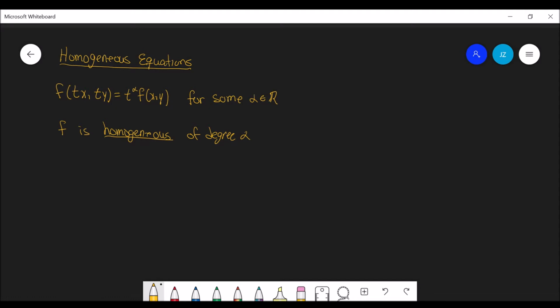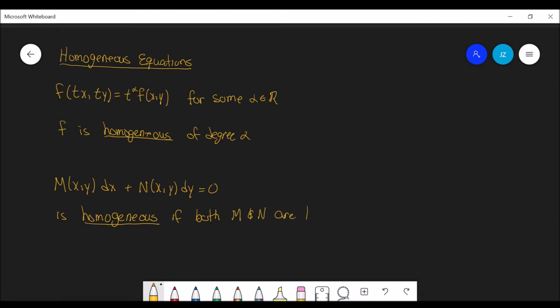A first-order differential equation, M of x, y dx plus N of x, y dy equals 0, is homogeneous if both M and N are homogeneous of the same degree.